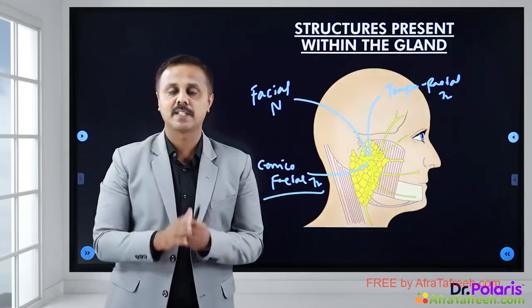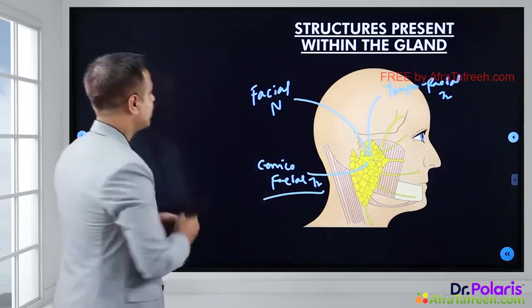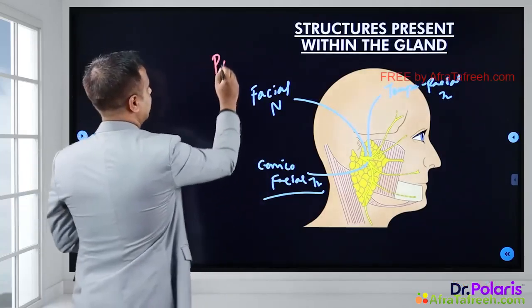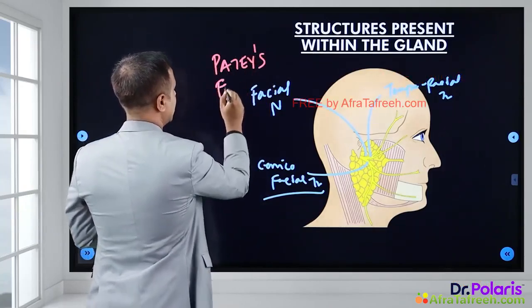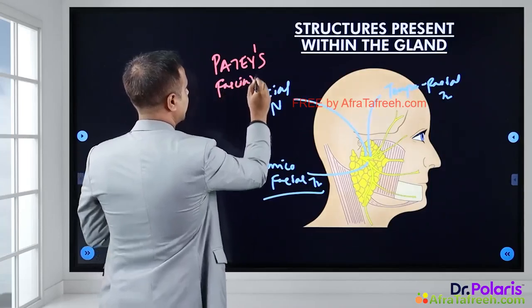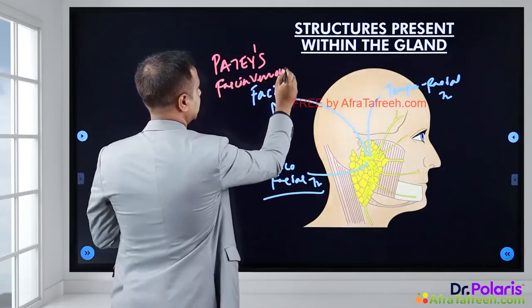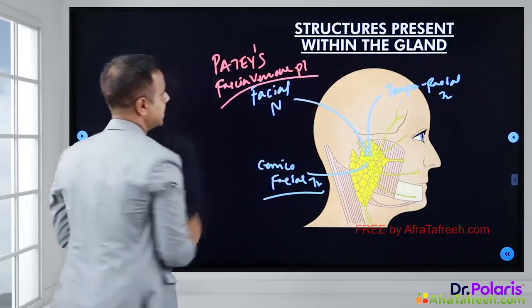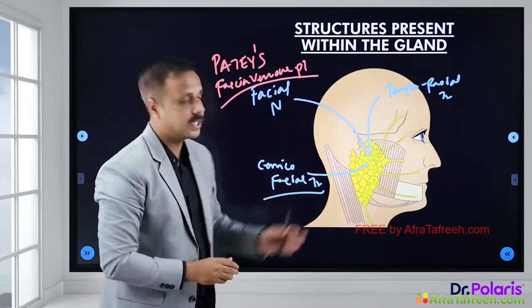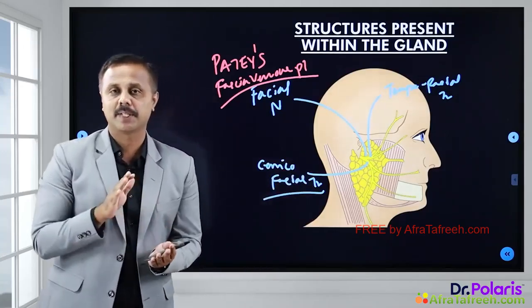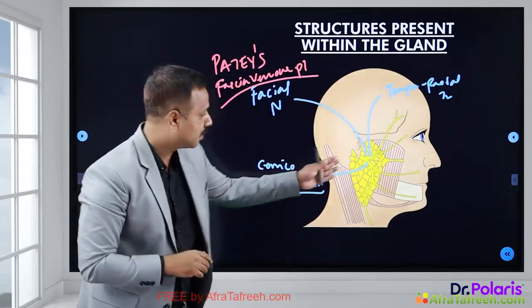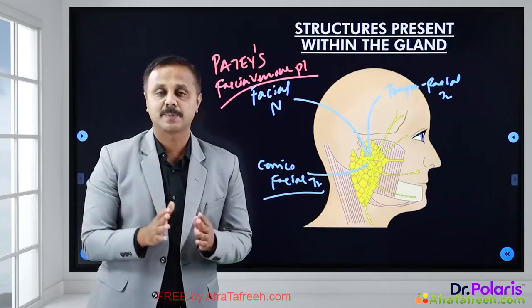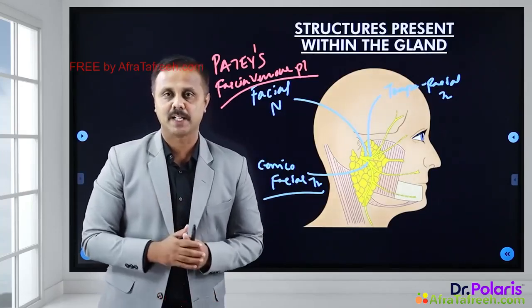The plane along which this division occurs is also referred to as Patey's fascio-venous plane. This is the plane along which the facial nerve will divide the entire parotid gland into a superficial lobe and a deep lobe. So this is the most superficial structure that is present within the parotid gland.